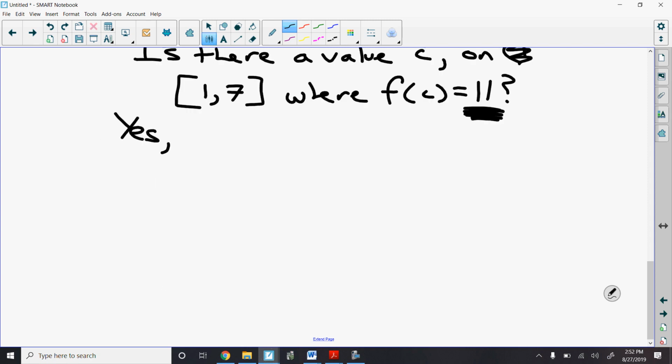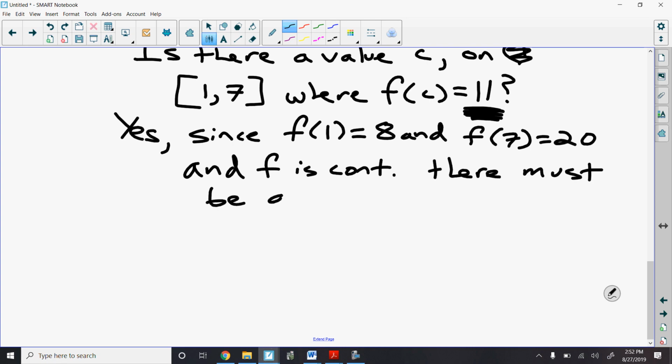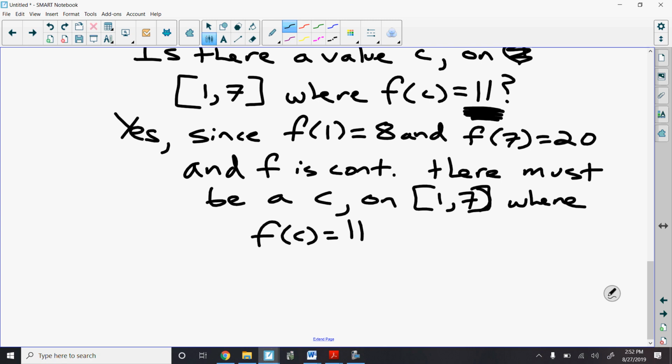The answer is yes, since f of 1 equals 8, and f of 7 equals 20, and f is continuous, there must be a c on [1, 7] where f of c equals 11 due to the IVT.